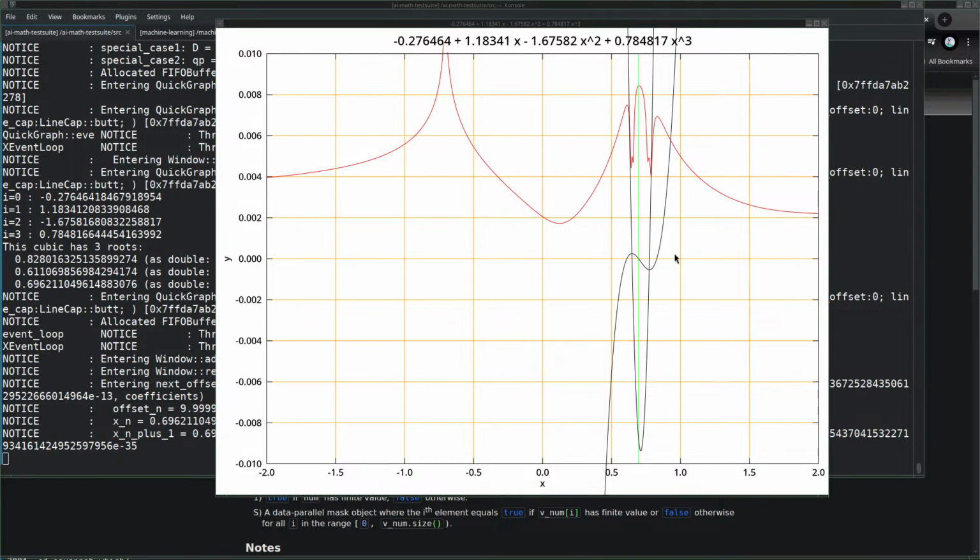And I want a different color for, let's change the cubic color to what? I should also zoom in more on this for this particular thing, I guess. Maybe just draw from a half till 1.